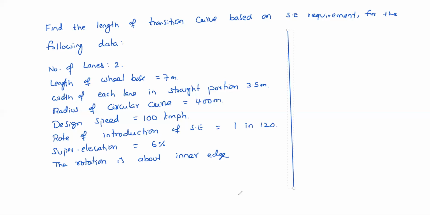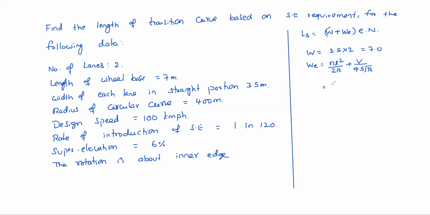Okay, now. So formula: length of transition curve equal to W plus We into E into N. So we have here W equal to straight portion width, 2 lanes are there, each lane 3.5, into 2, that equals 7 meters. Extra width equal to nL square by 2R plus V by 9.5 root R, right?